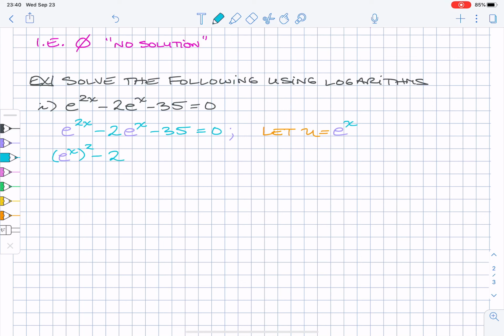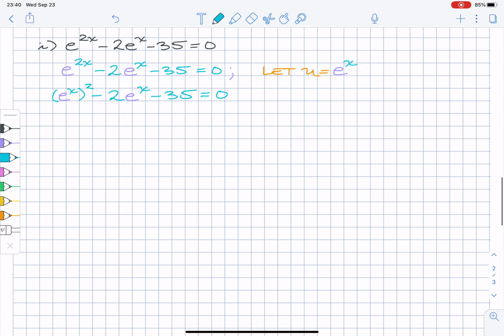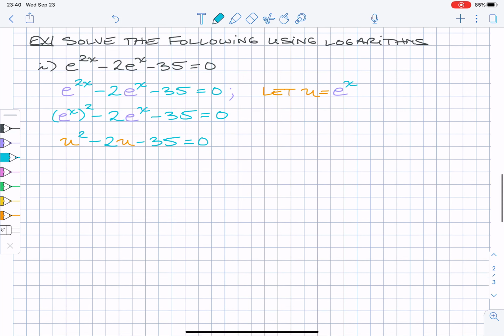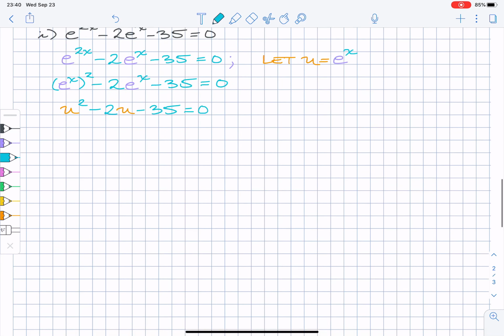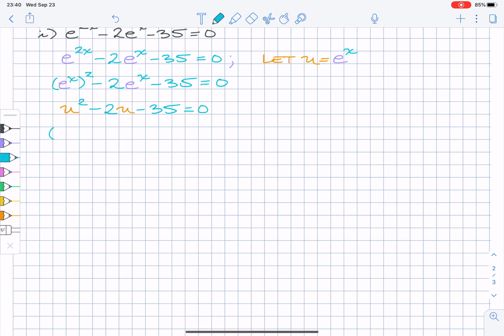Then I have minus 2 times e to the x minus 35 is equal to 0. So I can replace u as follows. This is now u squared minus 2 times u minus 35 is equal to 0. So now it should be evident this is a quadratic in u, but that's a placeholder.